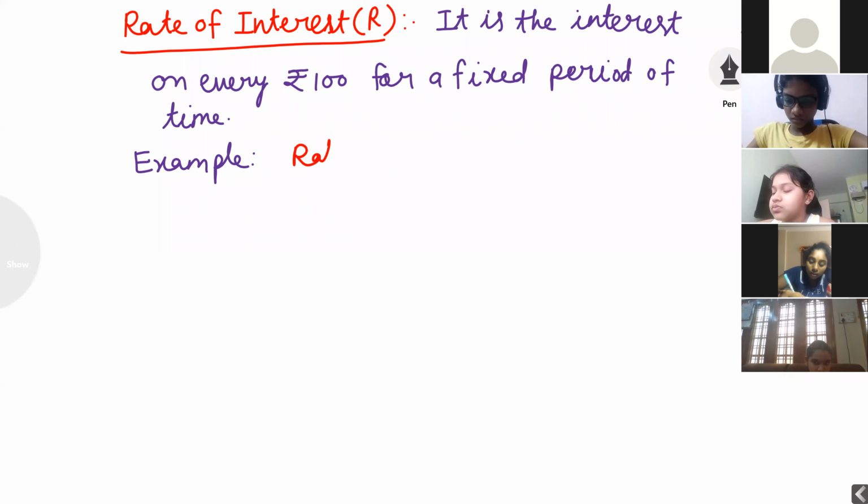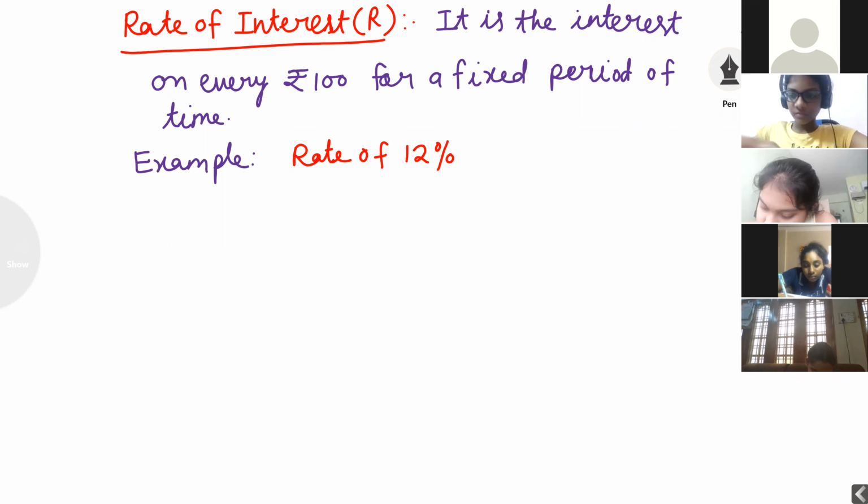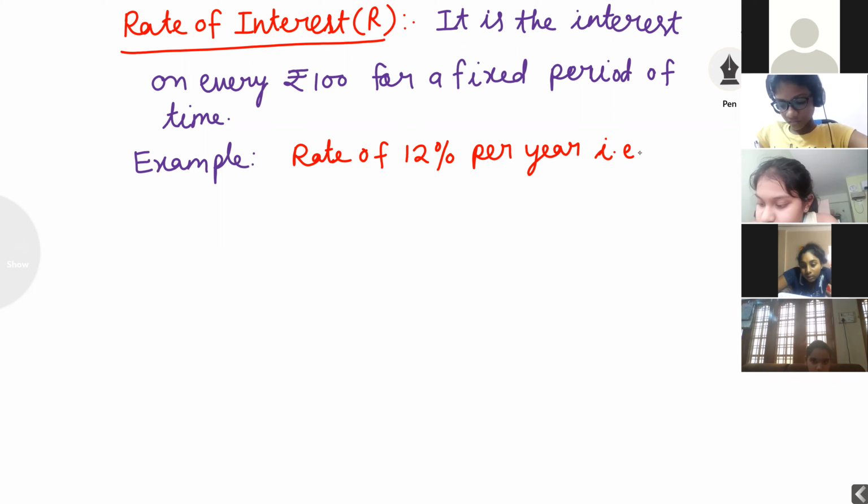Rate of 12% per year or per annum, both are same. What is the meaning of rate of 12% per year?